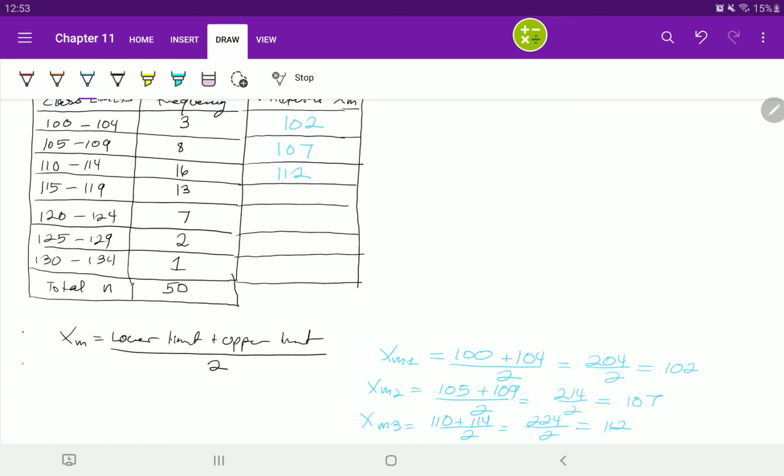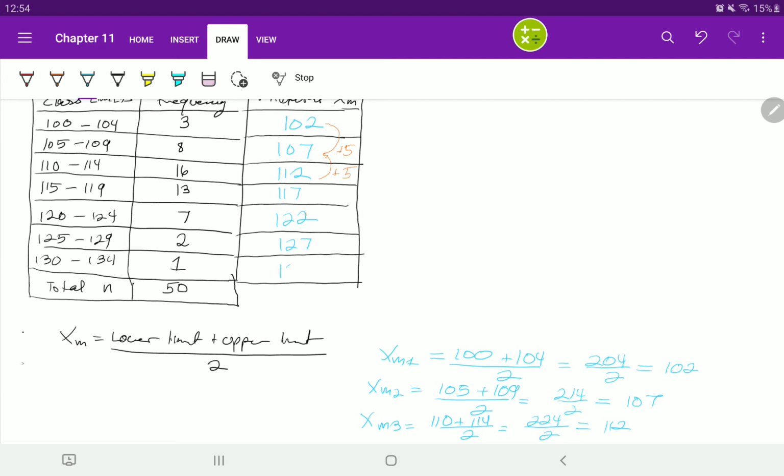If you notice the pattern, as I find each midpoint, they are increasing by 5. 102 plus 5 is 107. 107 plus 5 is 112. Which means if I add 5 again, we're going to have a midpoint of 117. Add 5 again, 122. Add 5 again, 127.